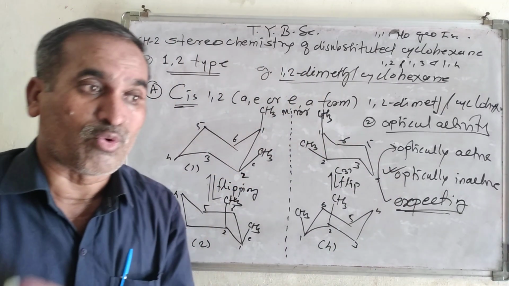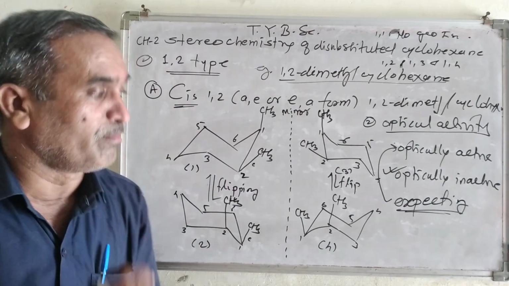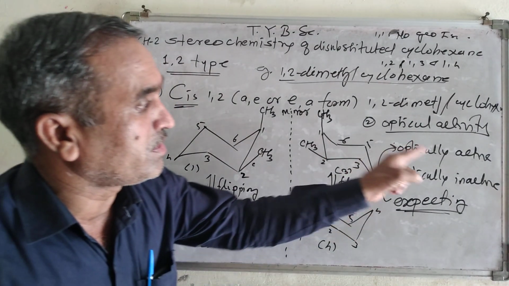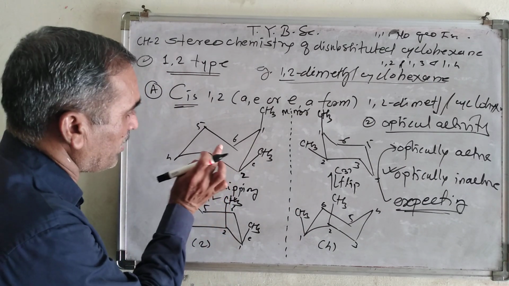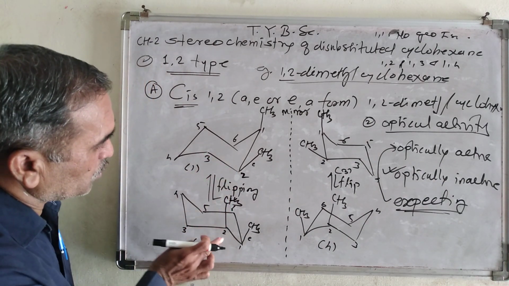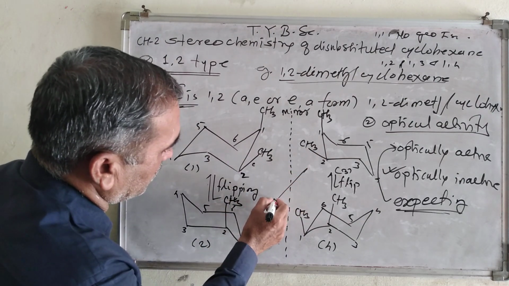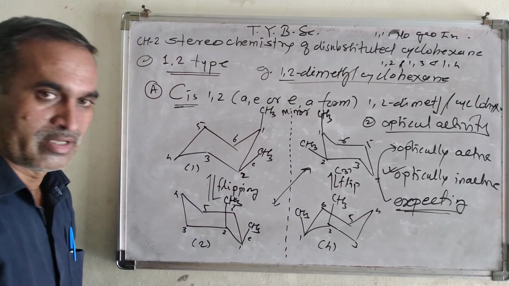And then what does it mean? Why are they optically inactive in nature? Now look at there. When I flip one of the compounds, structure 2, it becomes identical with 3.